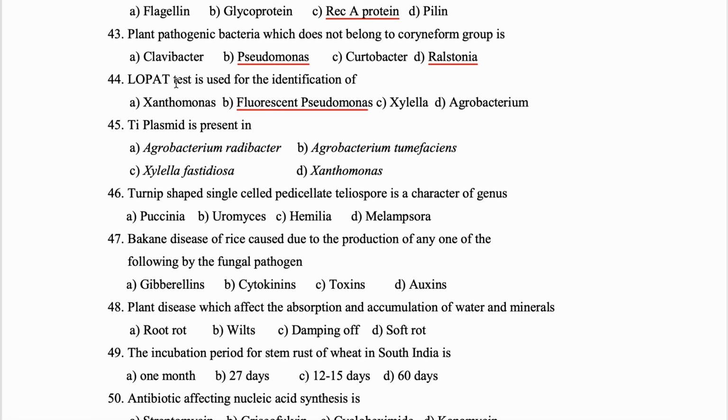It is a sequential series, right? So L belongs to levan production, O oxidase reaction, P for pectolytic activity, A belongs to arginine dihydrolase, and last the T, that is tobacco hypersensitivity. Okay. If you want to know about this, just ask me in the comment section. I'll try to make a video out of that.